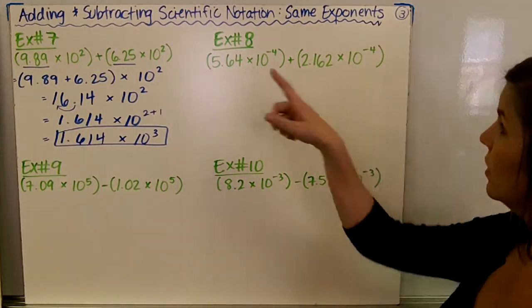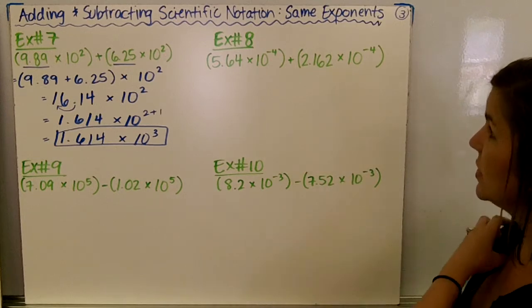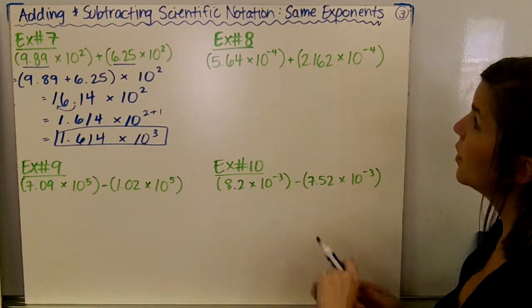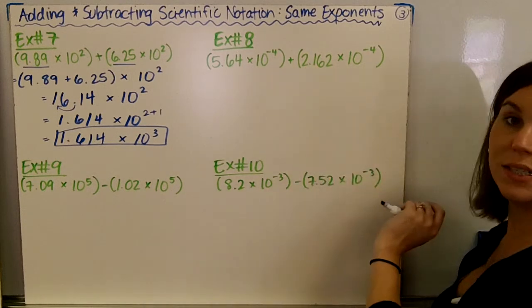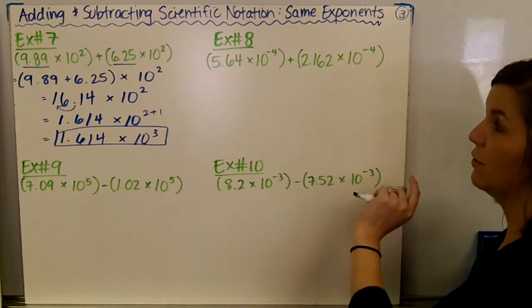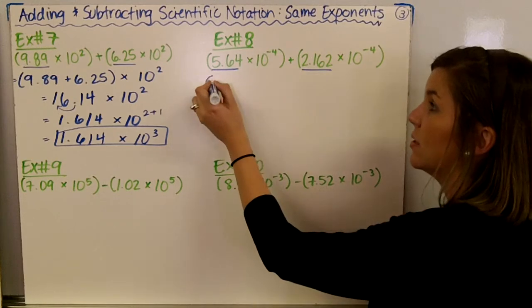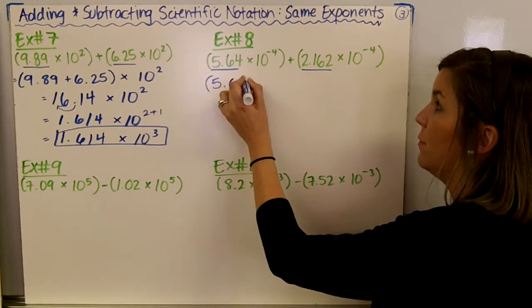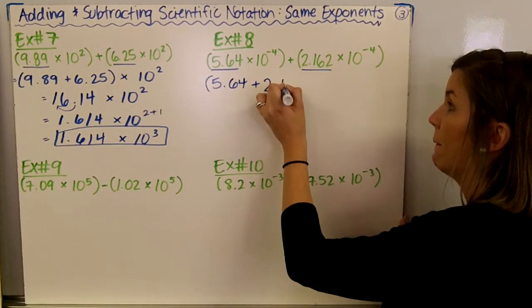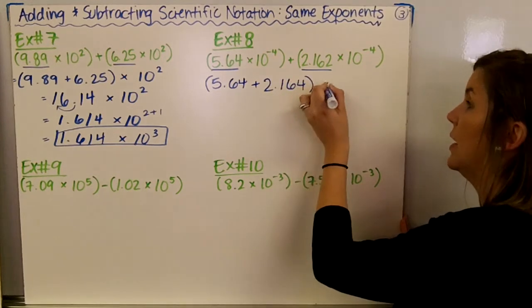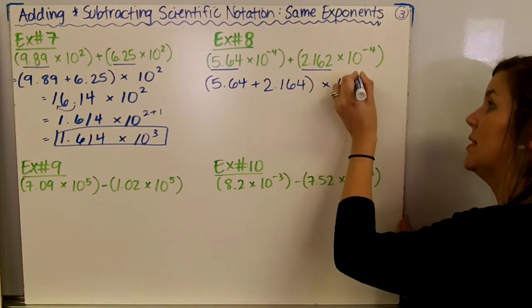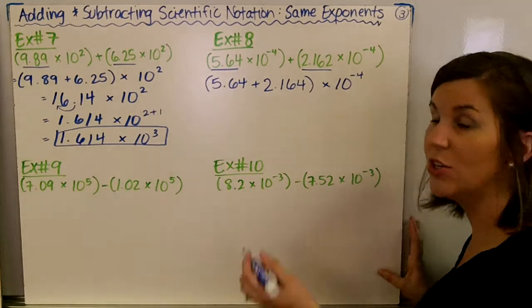Example number 8. 5.64 times 10 to the -4th plus 2.162 times 10 to the -4th. So again, we can pull out these pieces and add them together. Carry down the times 10 to the -4th, the exponent doesn't change here.